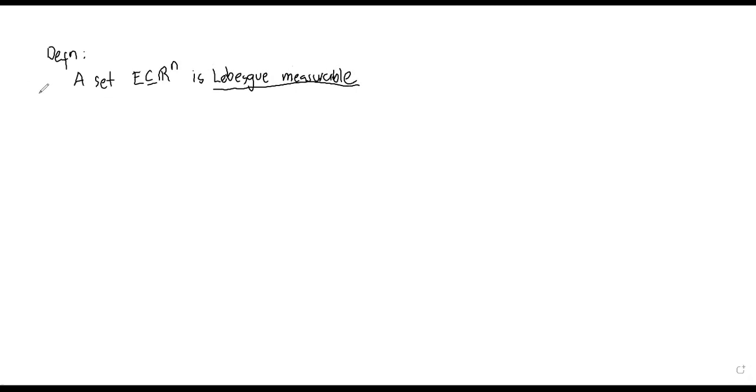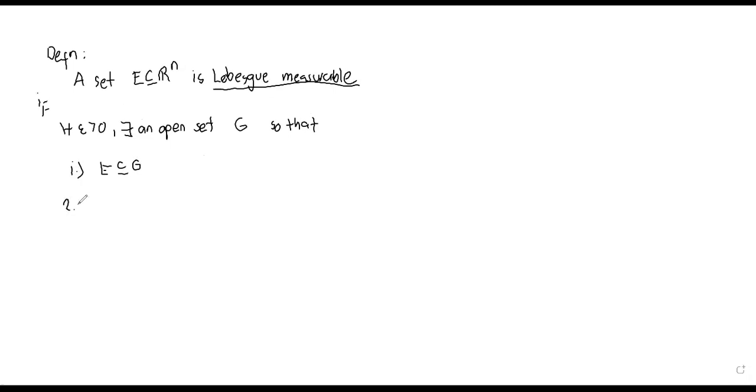If for any positive epsilon, there is an open set G so that number 1, E is a subset of G. So yeah, that is the first condition. So dapat yung given set natin is subset ng open set G.